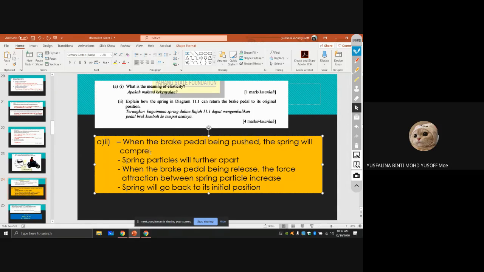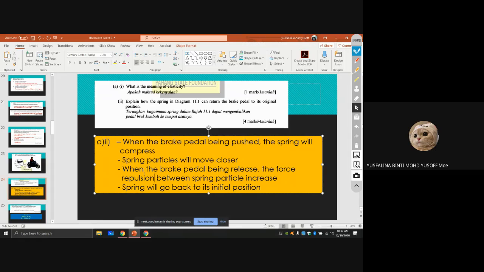When the brake pedal is pushed, the spring will compress, right? And then the spring particles will move closer. Repulsion, not attraction, repulsion.